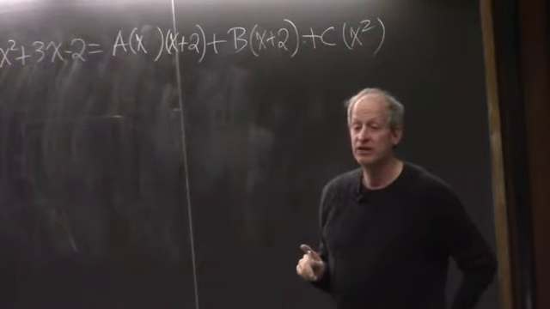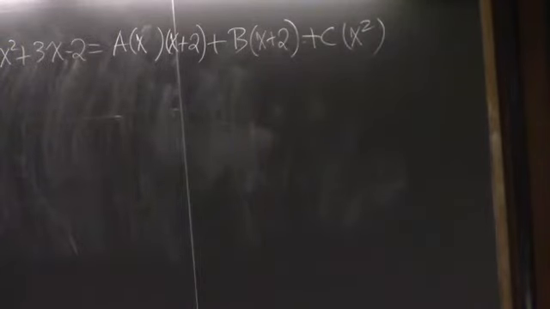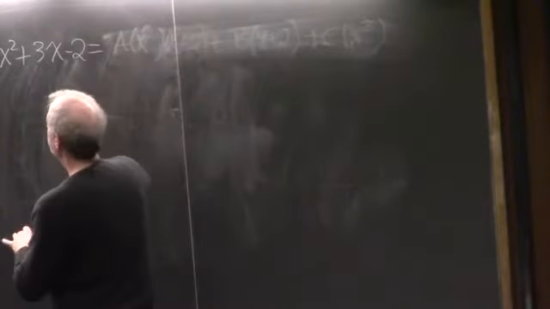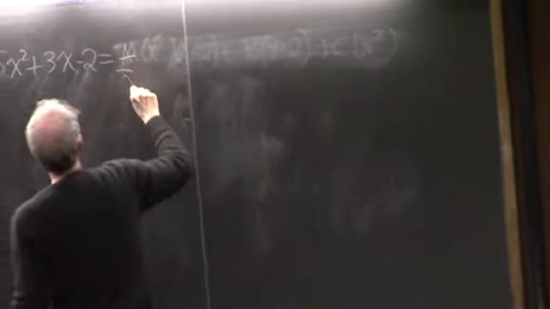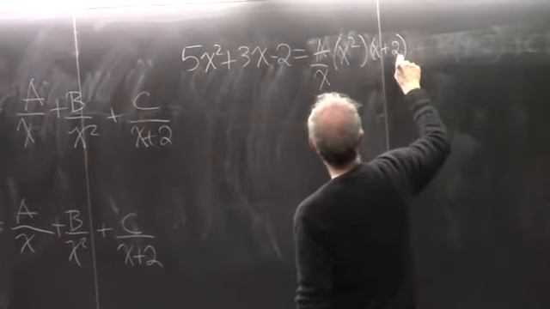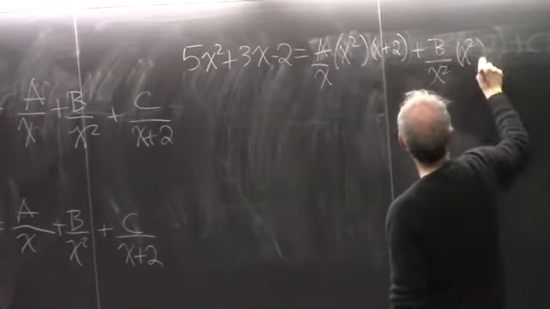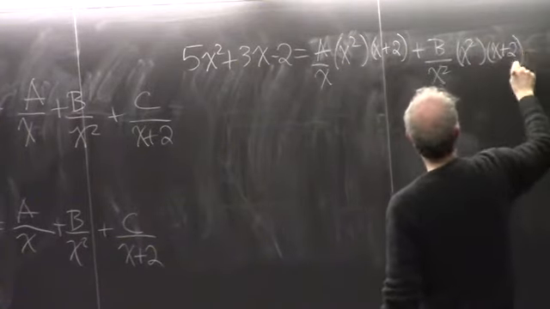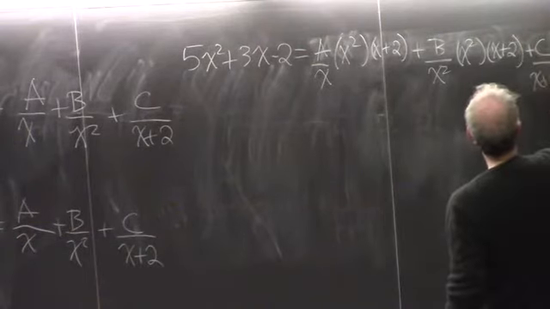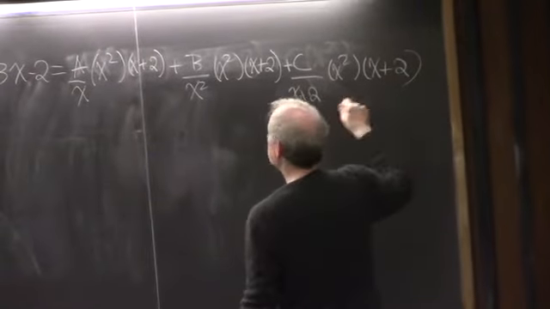Lost? Yes, we're lost. I'll write the intermediate step. So I have a over x times x squared x plus 2, plus b over x squared times x squared x plus 2, plus c over x plus 2 times x squared x plus 2.